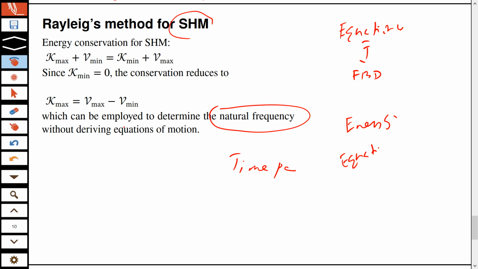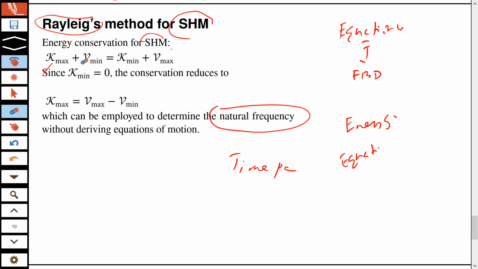So what you can do is what the Rayleigh method does. It starts with the observation that energy conservation for simple harmonic motion follows a pattern: when the kinetic energy is maximum, the potential energy is minimum because they exchange. If one goes high, the other must go low. And if kinetic energy is a minimum, the potential energy must be a maximum.